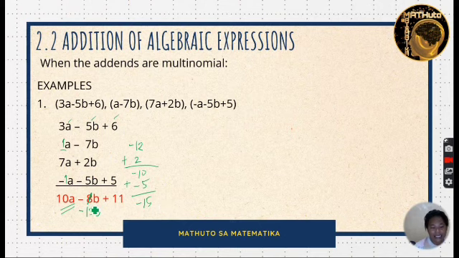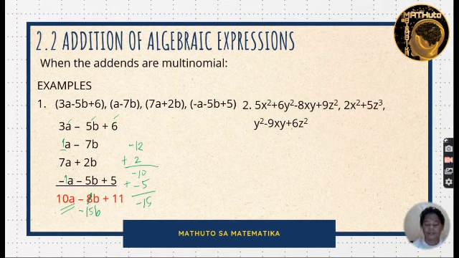So it should be negative 15b. And the last terms, 6 plus 5, are constants, so we add, the sum is 11. Take note that our sum is 10a minus 15b plus 11. That is our final answer.